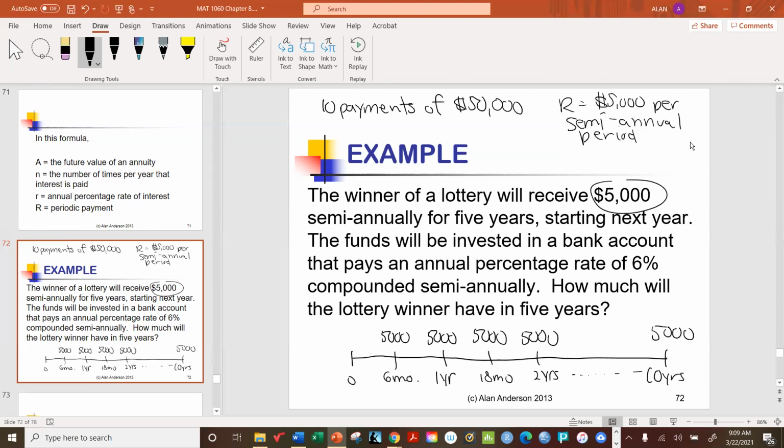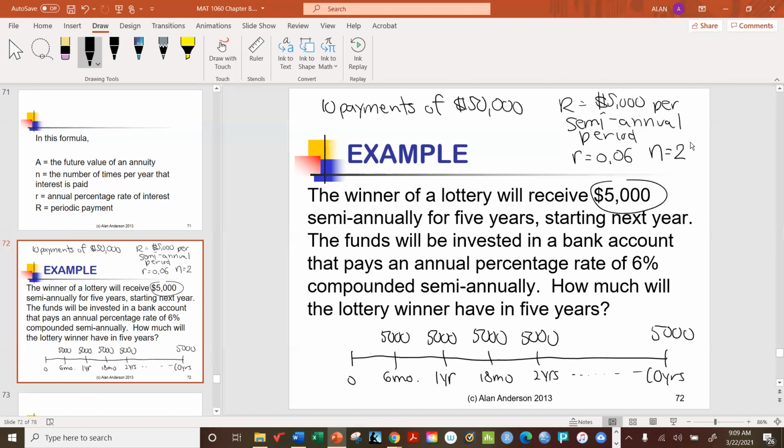Instead, what we have here is semi-annual periods. Now, the interest rate is 6% per year. But if you recall, N in our formula is the compounding frequency, which in this case is twice a year.